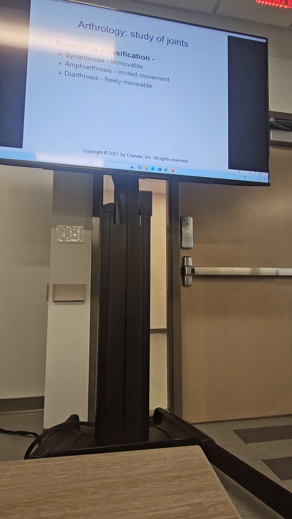Synarthrosis joints are completely immovable. What is a joint? A joint is something that connects two bones together, right? Those joints can be movable or not movable. Synarthrosis joints are not moving at all.